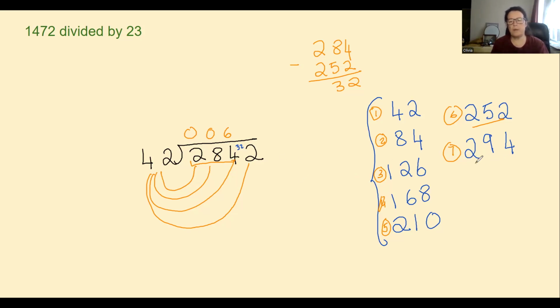I'm going to do one more table. So let's do our 8th time table. So I'm going to put 8 here. And okay. So 42, we've got plus 294 is 336.